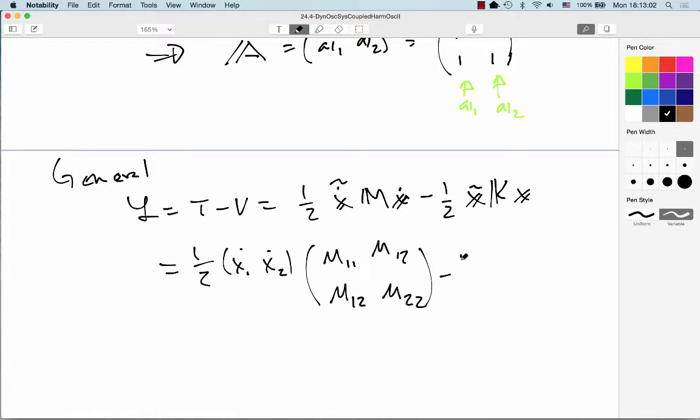And then similarly minus 1/2 (x1, x2). We'll write this as k11, k12, and again, instead of writing k21, we'll write that as k12, because again, it has to be a real symmetric matrix, k22, times (x1, x2).